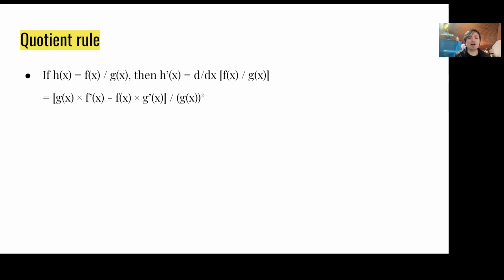All right, so now the quotient rule. If you have two functions, one divided by the other, then the derivative of that rational function would equal the lower function times the derivative of the upper function minus the upper function times the derivative of the lower function, divided by the lower function squared.